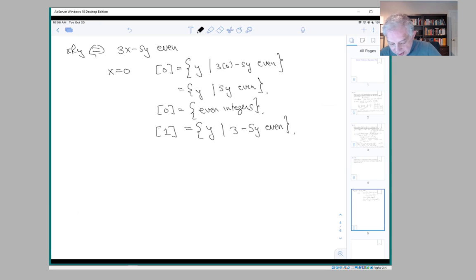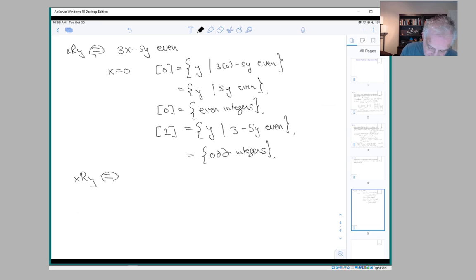If y were odd, then 5y would be odd and 3 minus 5y would be even. So this is actually the collection of odd integers. In other words, this relation is a very fancy way of testing for the same parity, namely x R y if and only if x and y have the same parity.